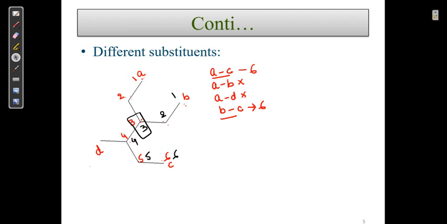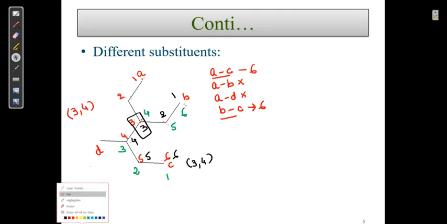Another possibility, you can give number 1, 2, 3, 4, 5 and 6. If you come in red color, then you are getting number 3 and 4. If you come with black color, then also you are getting 3 and 4. If you come with this green color, then also you are getting 3 and 4. Means numbers are same.